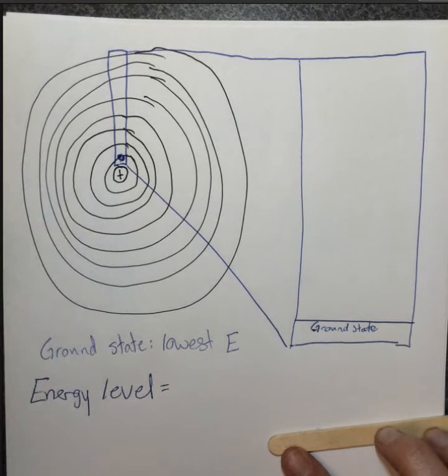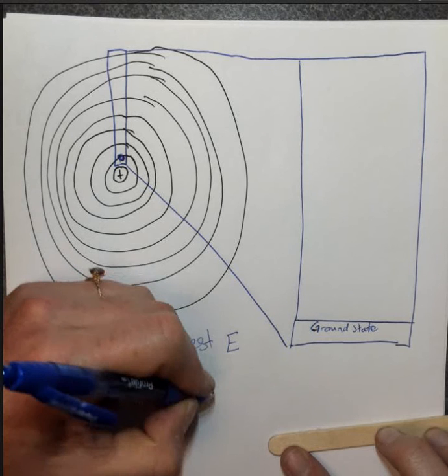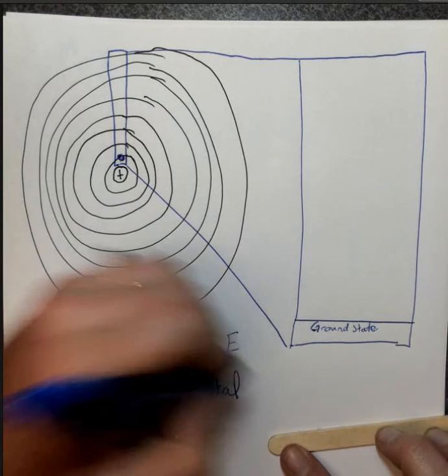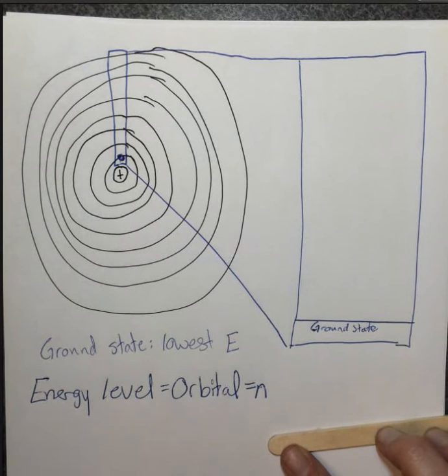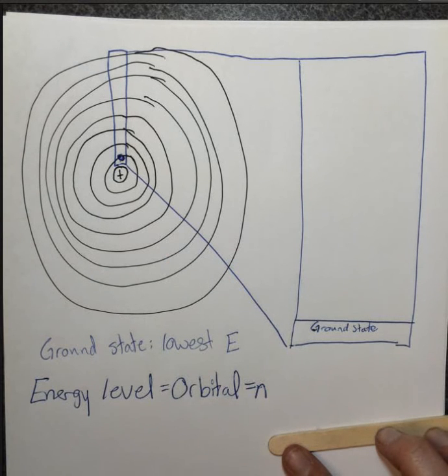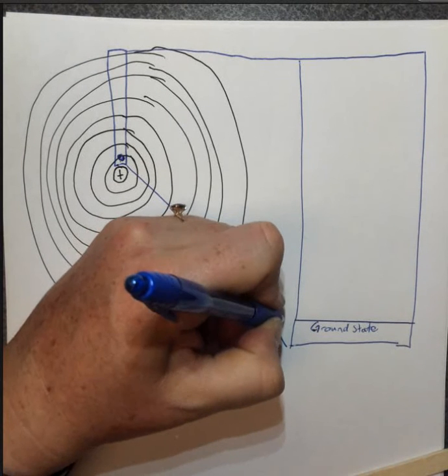It's what each orbital is. And we give it the symbol N, because energy, get it? Energy. Alright, so ground state is the lowest it could be, so we call that N equals 1.